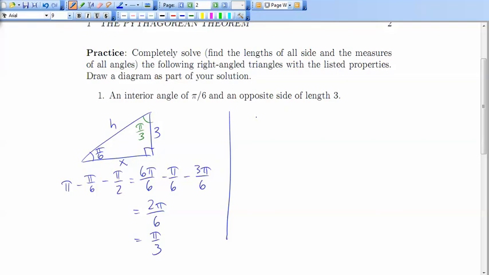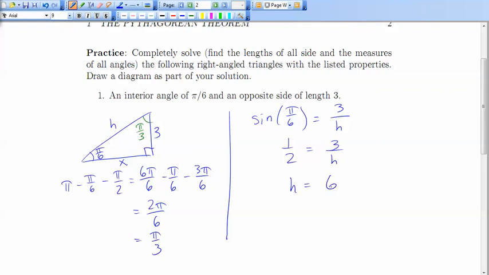I could say the sine of pi by 6 would be equal to the opposite side, which has length 3, over the hypotenuse, which we don't know, but we're calling h for right now. Now the sine of pi by 6, if you try it out in a calculator, you'll find out that it's a half. And so we get this simple equation for h, and I can solve it and find out very quickly that h is 6.